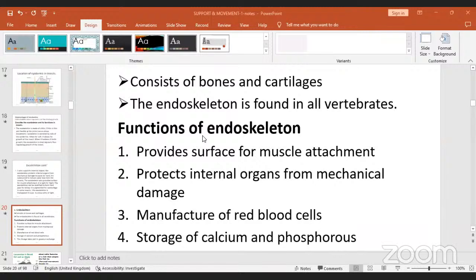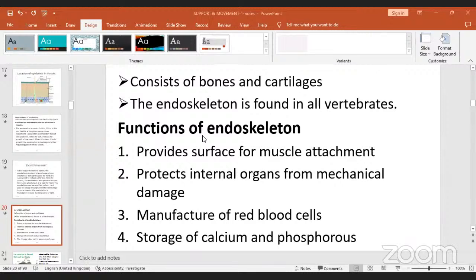Your body muscles, various types of muscles that you have, maybe skeletal muscles, are attached to your endoskeleton. Number two, it protects internal organs from mechanical damage. We have various internal organs. We have the brain, for example, covered by the skull. We have the eyes here. We have the heart, for example, the lungs.